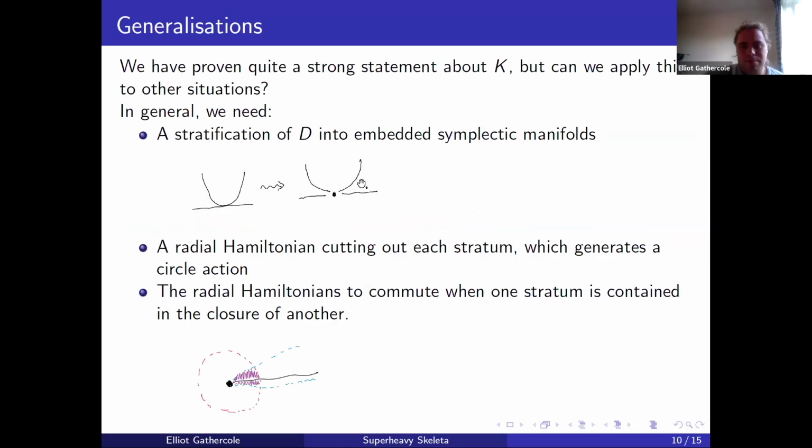So that was one situation, and obviously it would be nice to know something about some other cases. So the things that we used there were, first, we have this stratification of D into embedded submanifolds of various dimensions. So we split up this divisor into some curves, and then the singular points, which were their own strata and needed their own radial Hamiltonian. And then we want a radial Hamiltonian that cuts out each of these strata, which generates a Hamiltonian circle action.